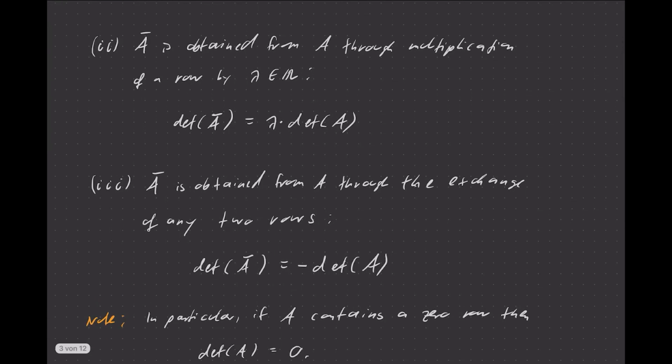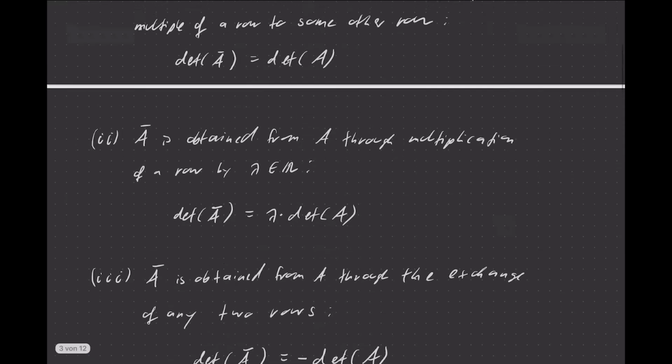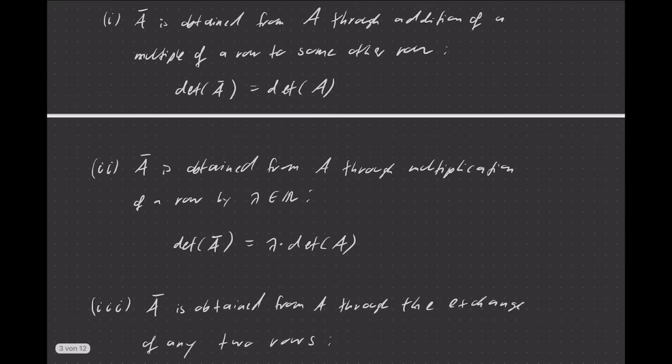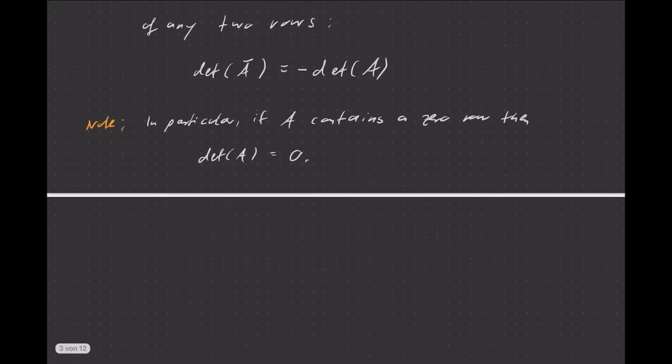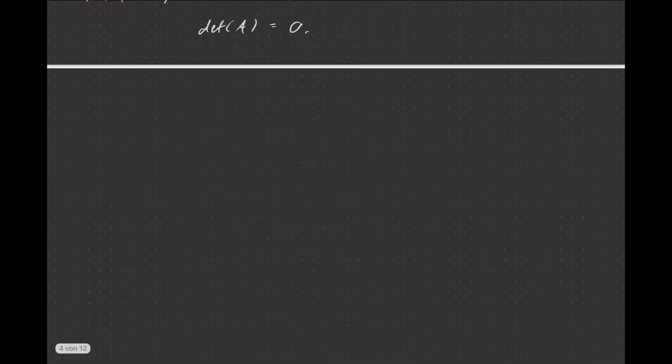Now, looking at this theorem, basically that tells us that we can manipulate rows in a certain way. There's one statement that is a little more general that we will not use very often, but it's good to know it still. And that's why I'm going to list that as a theorem of its own.